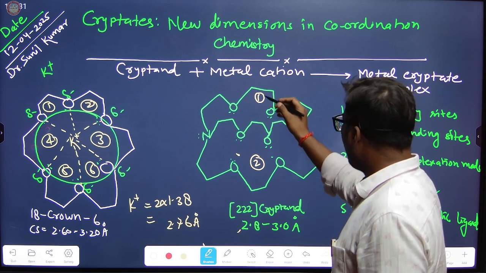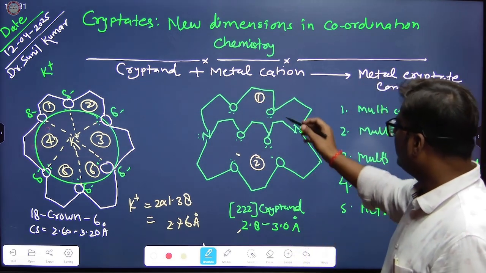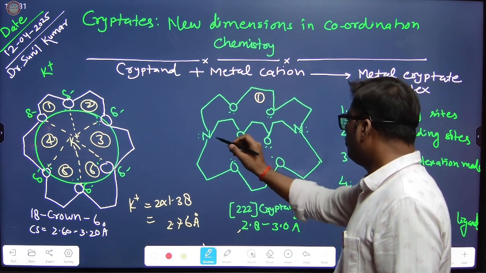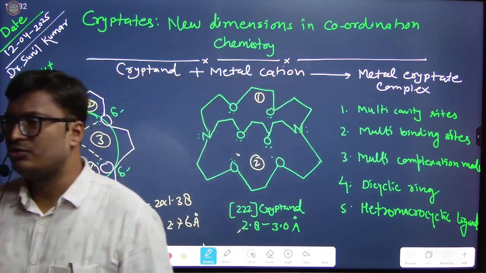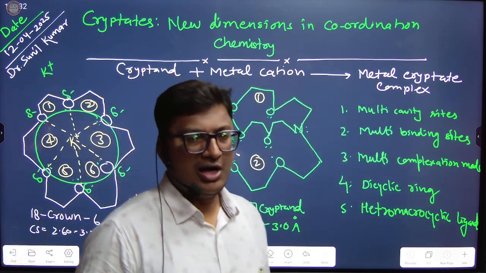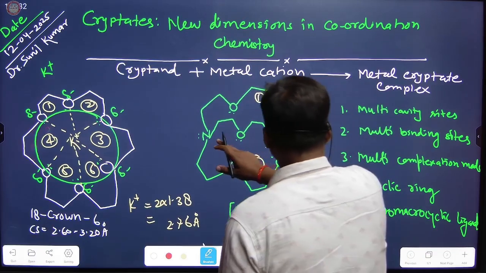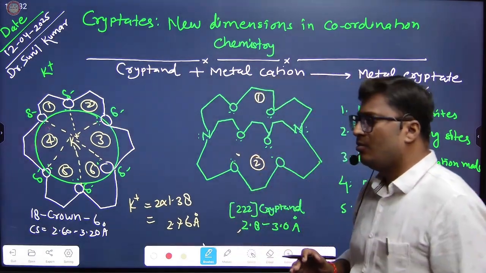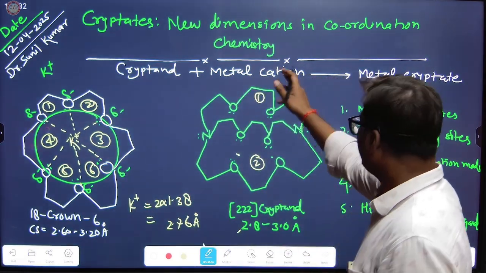Oxygen is one type of donor site in this structure, and the two nitrogens that are present in the structure can also form complexes with the metal cation. So nitrogen and oxygen both can act as donor sites in this structure.